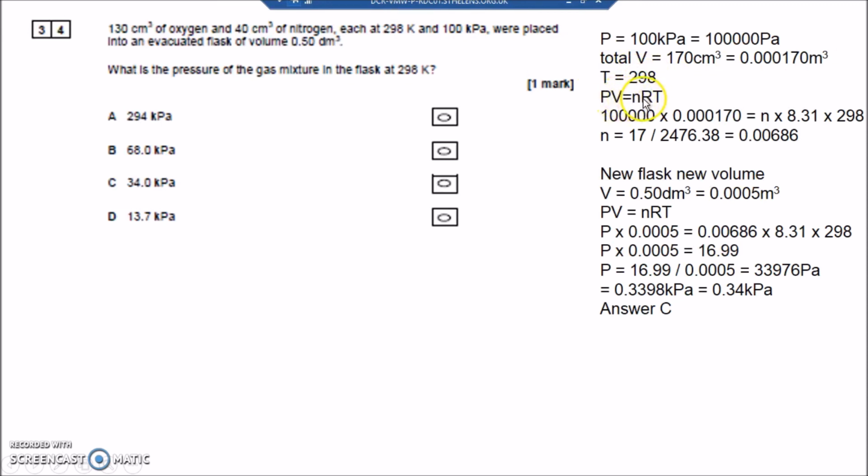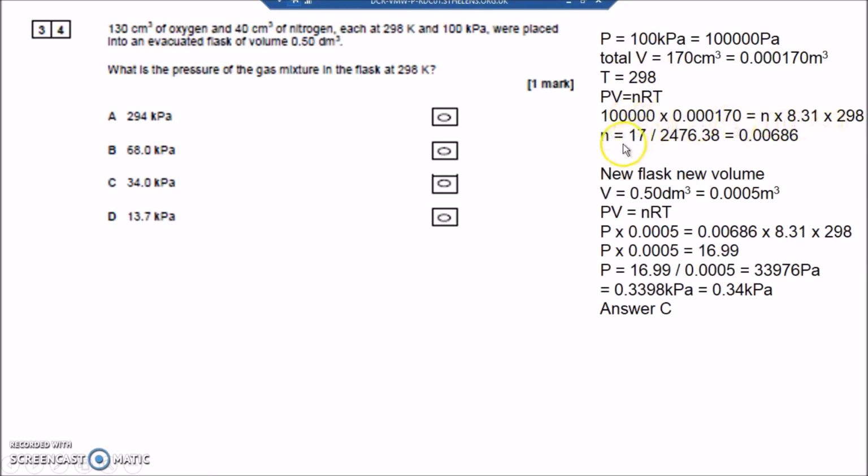Pressure times volume equals nRT. 100,000 is my pressure in pascals, multiplied by the volume, 0.00170 meters cubed, is n, number of moles of combined oxygen and nitrogen gas. I'm not given the gas constant, but I'm given it in an earlier question, so I can easily look that up. 8.31 multiplied by 298, which is my temperature.